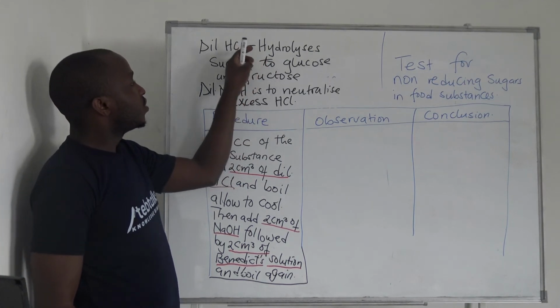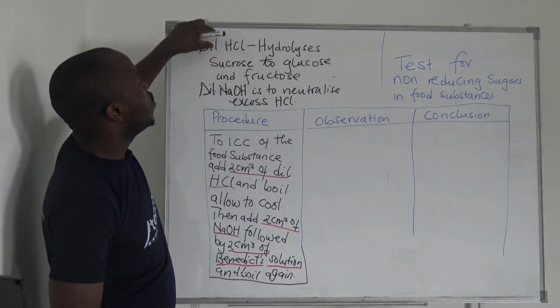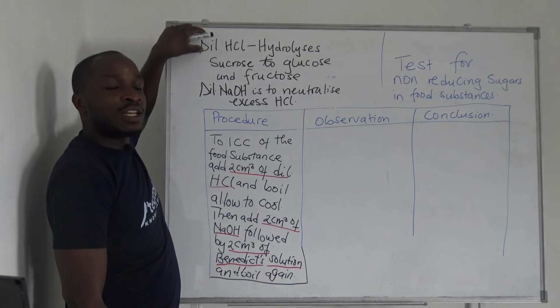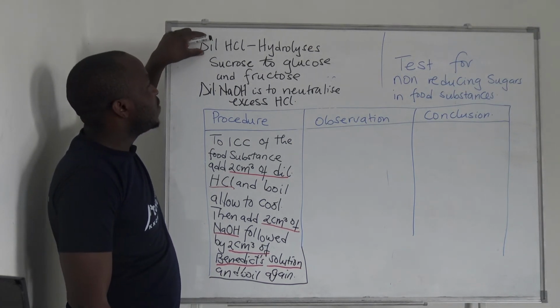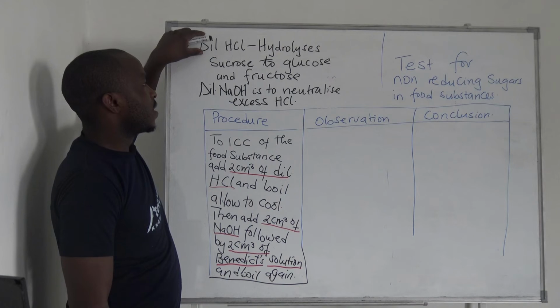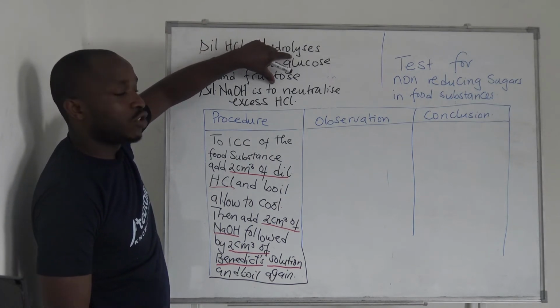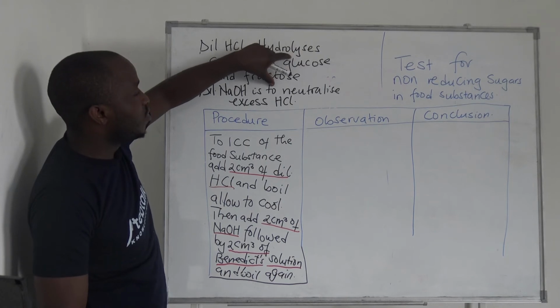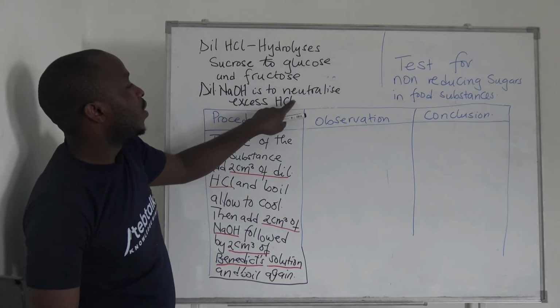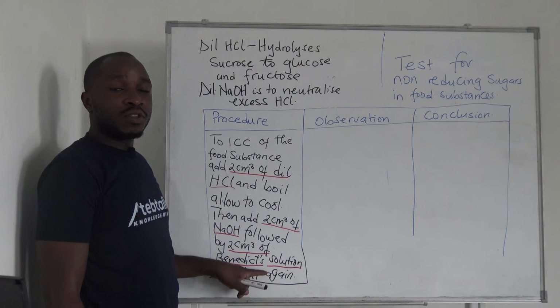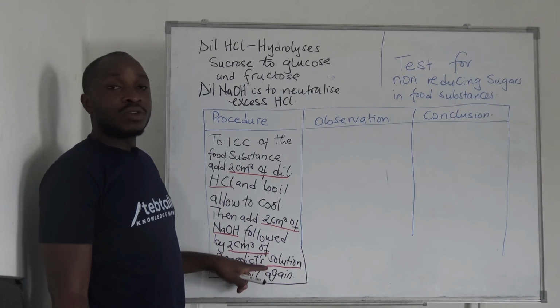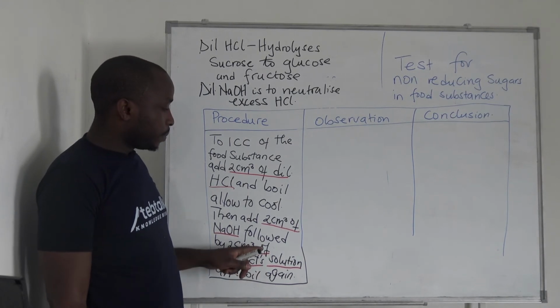So if non-reducing sugars are present, we don't test for them directly. We are testing if we hydrolyze them, if we break them down into their constituent monosaccharides, which are reducing sugars, then we can test for the presence of the reducing sugars being formed.